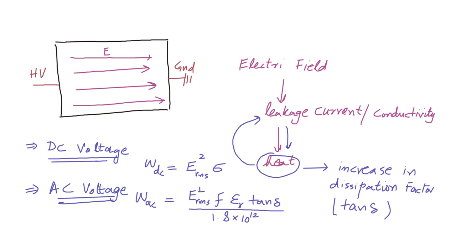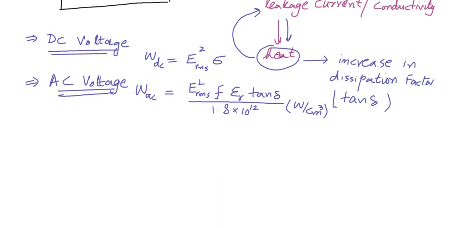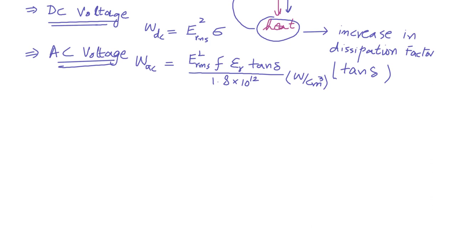And its unit is watt per centimeter cube. And in order to hold this unit, the electric field in this equation must be in volts per centimeter. So using these equations, now we will solve an example.